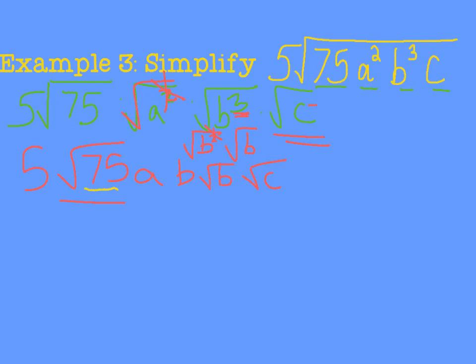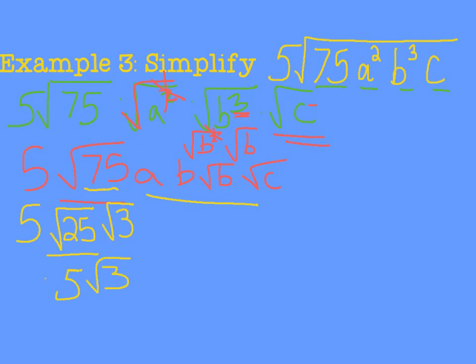Well, if I search for a little bit, I can find that the perfect square 25 is in that 75. And it would be 25 and 3 that are going to multiply to make 75. 5 is going to hang out in front. All this stuff is going to hang out at the back. Square root of 25 is 5. Square root of 3 stays there. 5 comes down. A, B, square root of B, square root of C is going to come down here too.